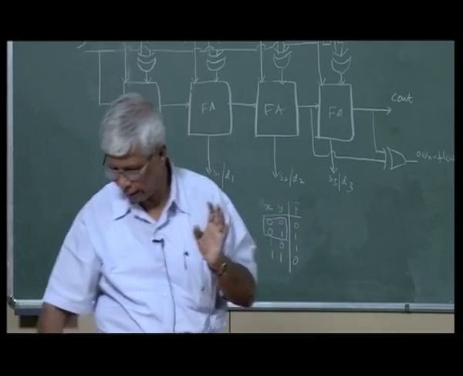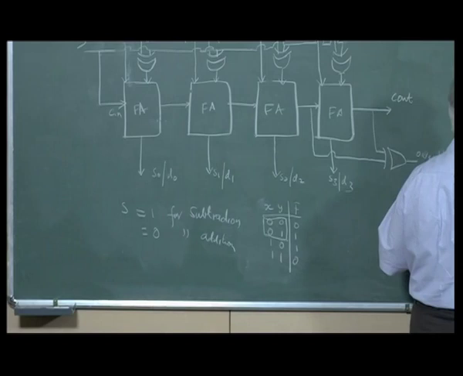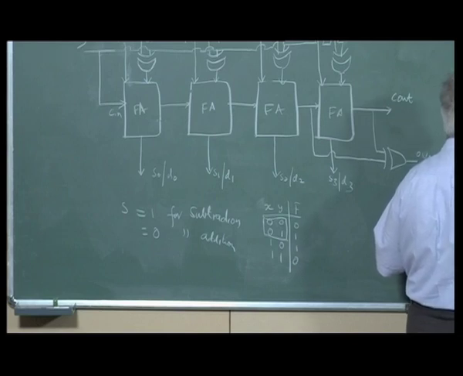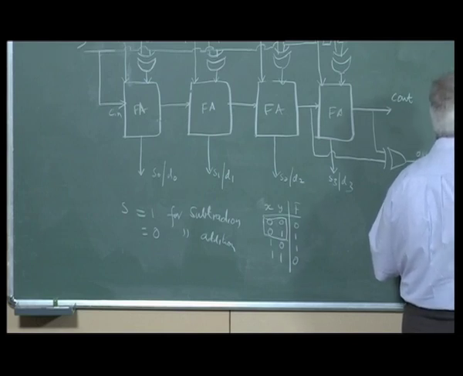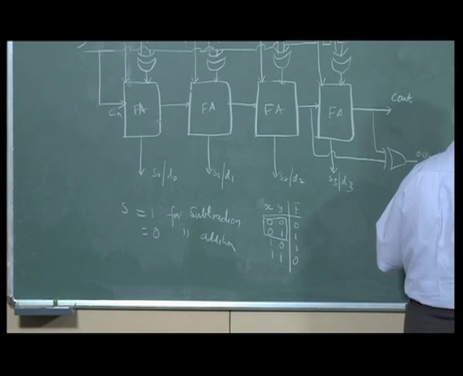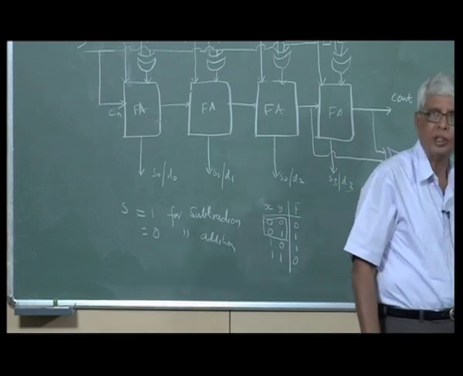A 4-bit full adder IC will have 4 A's, 4 B's, 1 C in, 1 C out, 4 sums, and 1 power supply, and 1 ground. That's all they will give you. There is no enable input in this.